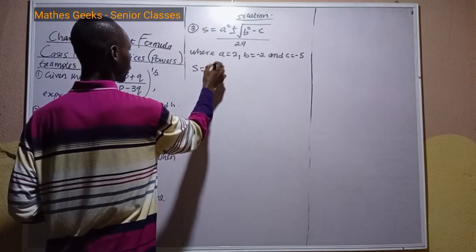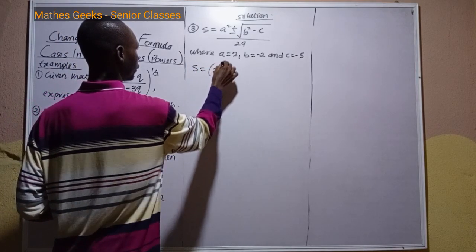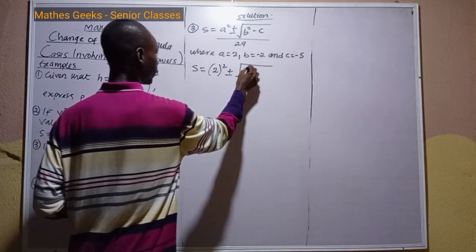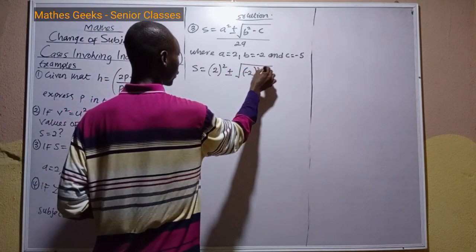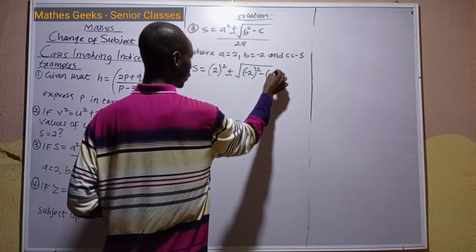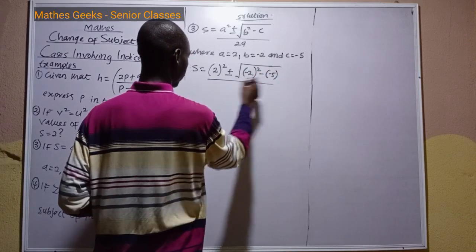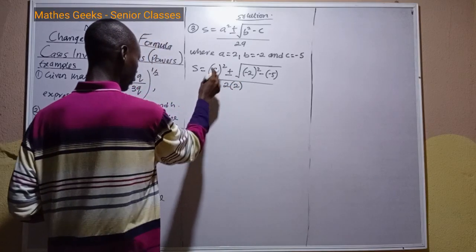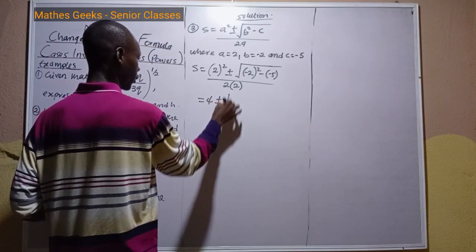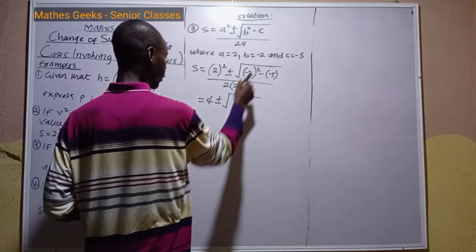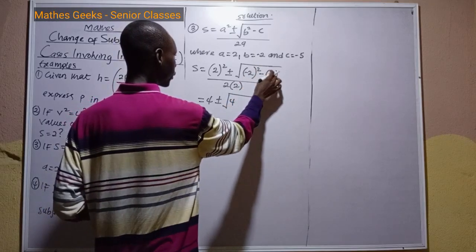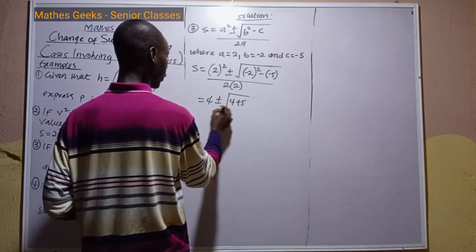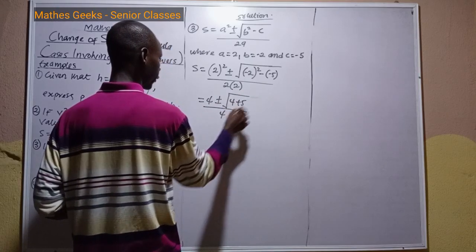So s is equal to 2 squared plus or minus the square root of minus 2 squared minus 5 over 2 times 2. This is 4 plus or minus, 2 times minus 2 is 4, minus times minus 1 times minus 5 plus 5 over 2 times 2, 4.